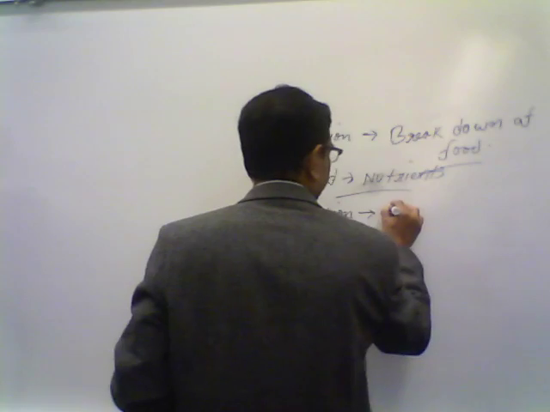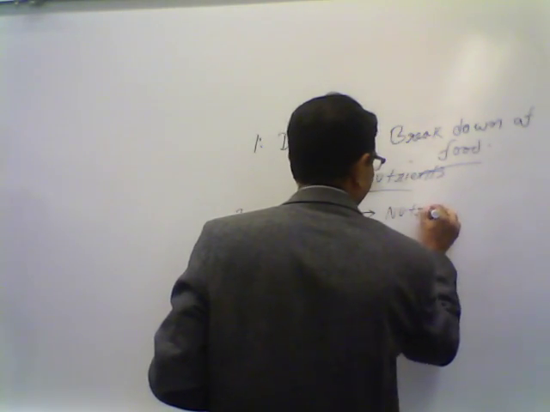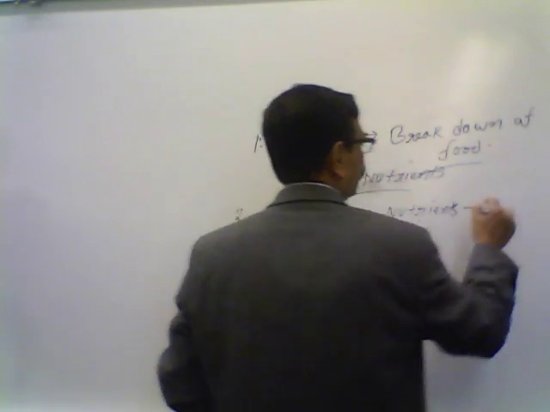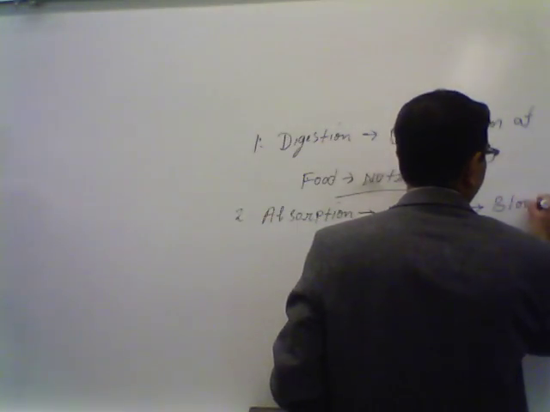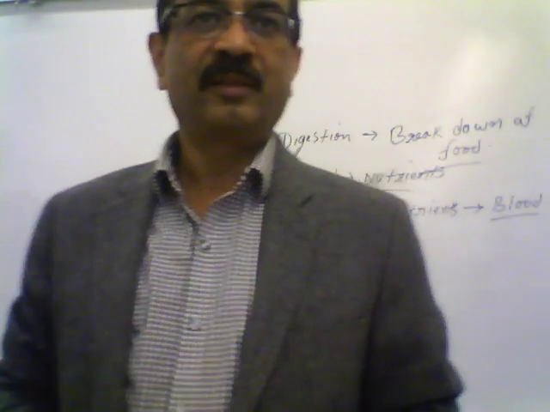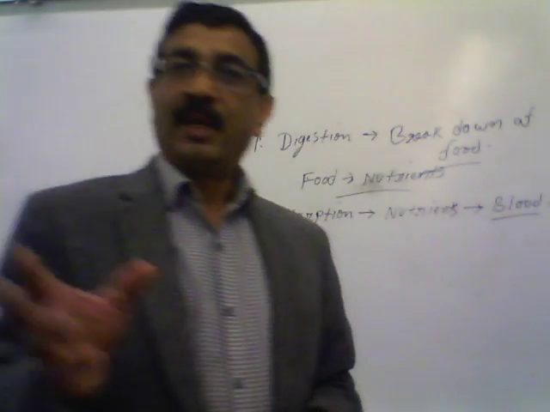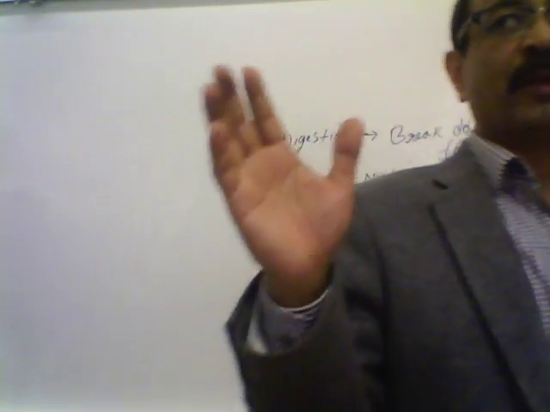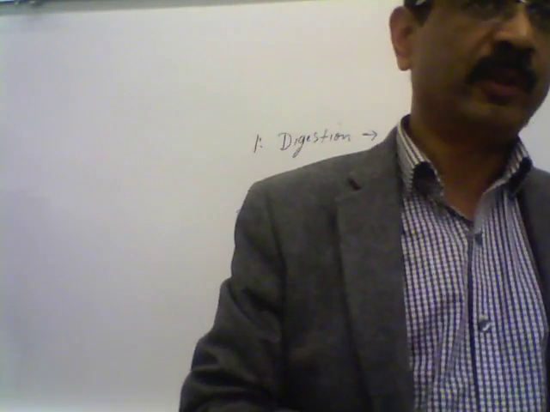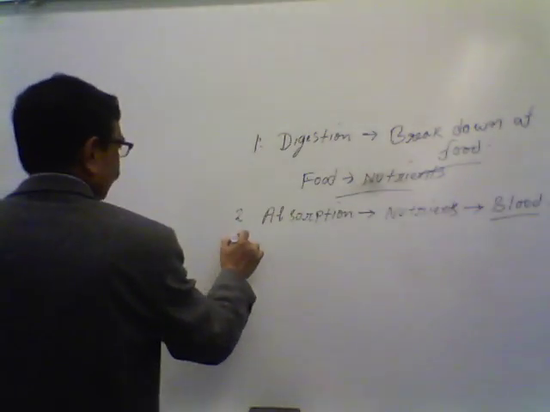So absorption is nutrients entering into the blood from where? Your small intestine, right? That is absorption, the process by which the nutrients are taken into the blood from the small intestine.